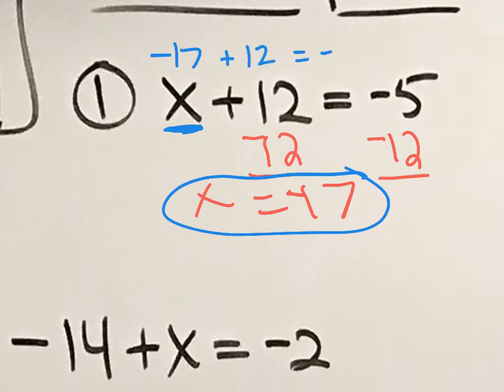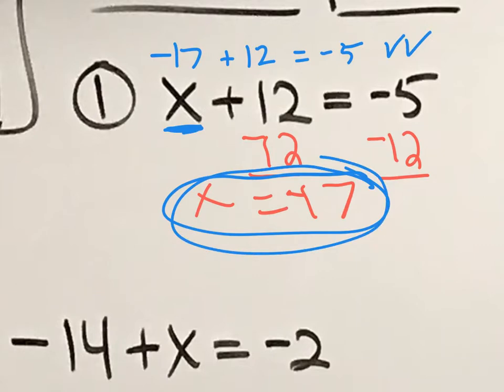Does it really equal negative 5? Thinking of money, you owe 17, you have 12. Yeah, you're still going to owe them 5. So what we just did was double check our answer, negative 17. So I know that this answer, x equals negative 17, is 100% correct. There is no excuse in giving the wrong answer. You could always plug it in and double check your answer. Okay, let's move on to the next one here.